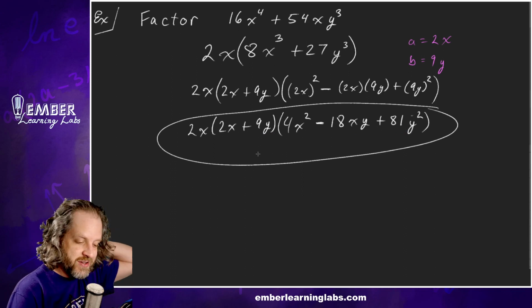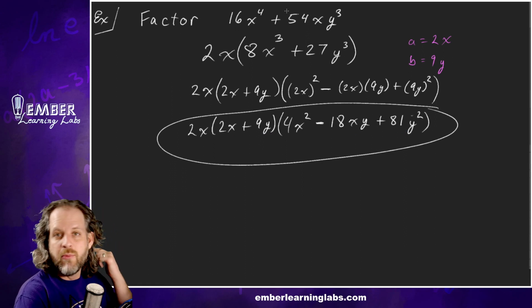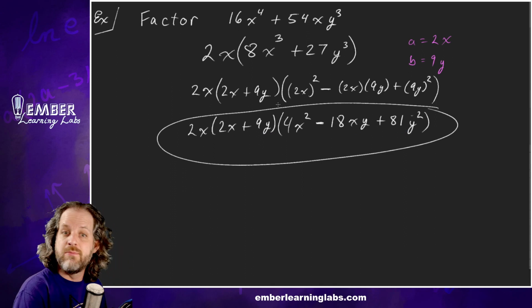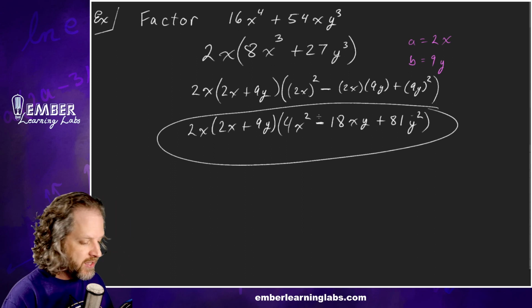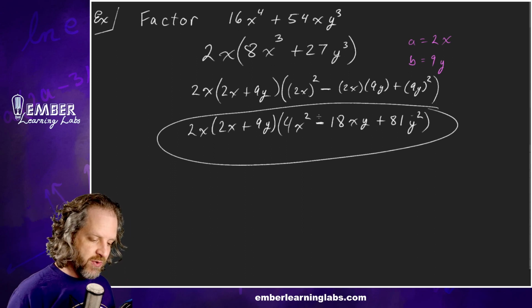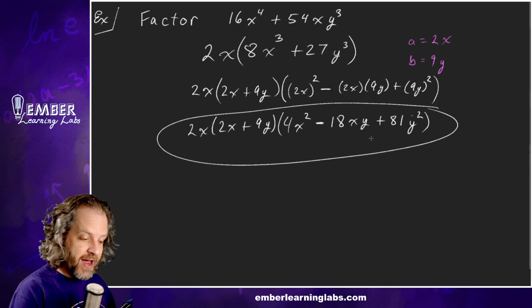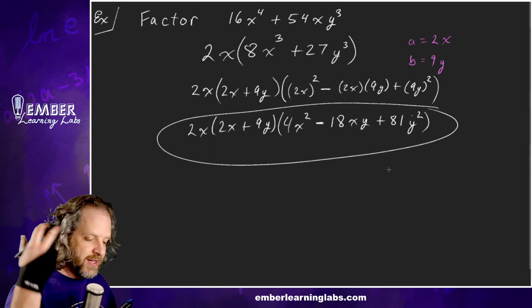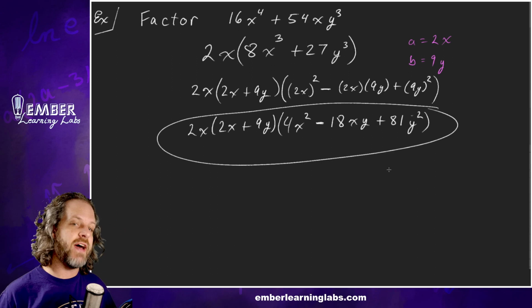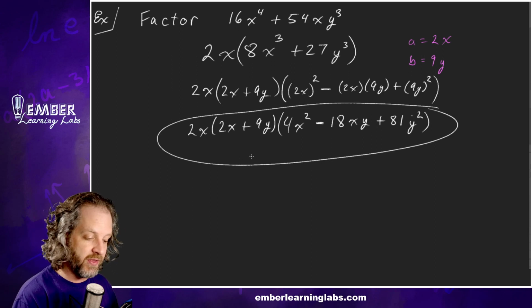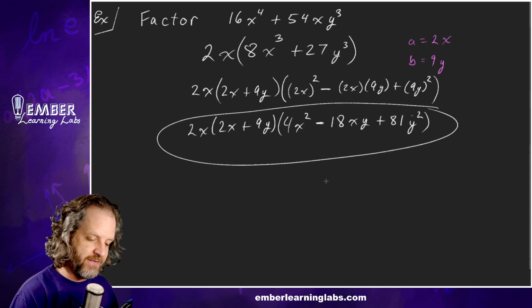You wouldn't have a difference of 2 squares if it was sum of cubes, right? But if it was difference of cubes, you might end up with a difference of squares. So there might be places where you can factor some more, or you may have a GCF in here if you didn't actually GCF right before. So it's possible that you may be able to factor your end result more than this. For this problem, it can't factor anymore.